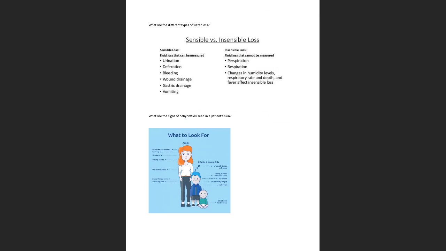So what are the causes of water loss? We have urination, defecation, bleeding, wound drainage, gastric drainage, and vomiting. All of these things can cause water loss in the human. Now, there are two types of water loss. There's sensible, what can be measured, and then there's insensible, which cannot be measured.